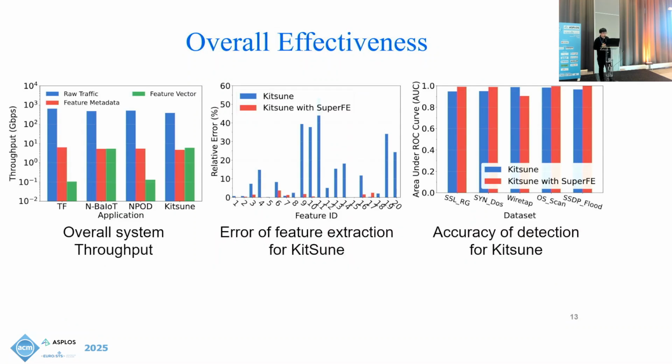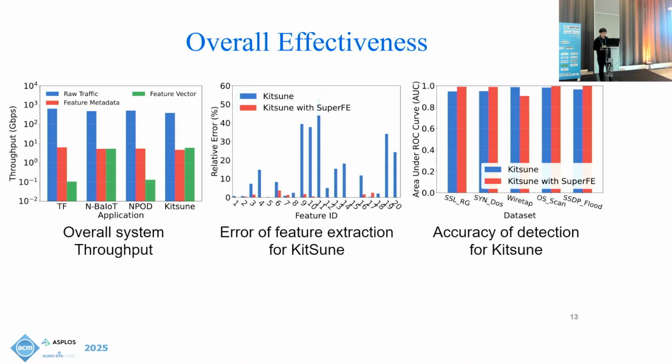To illustrate that SuperFE is a powerful feature extractor to support traffic analysis applications, we use 4 representative applications and conduct experiments to evaluate the scalability of SuperFE integrated with these applications. The left figure shows the throughput of SuperFE with these traffic analysis applications.